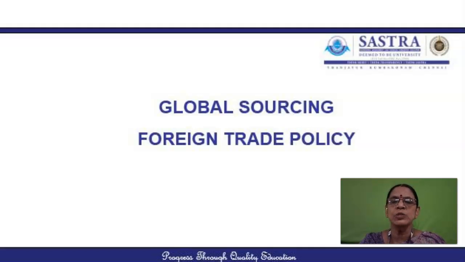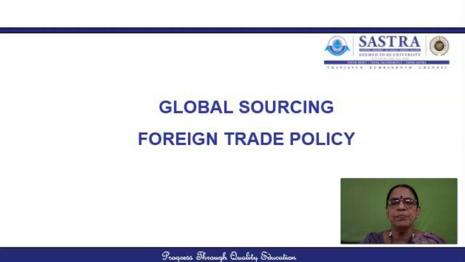Whereas domestic sourcing necessitates the use of a single mode of transportation, global sourcing frequently includes multiple modes of transport, that is, combining air or water transportation with road transport to bring the goods from the supplier to the supplier's port, to the port of the buyer, and finally the place of the buyer. So domestic sourcing necessitates only a single mode, but global sourcing will have multiple modes of transport.